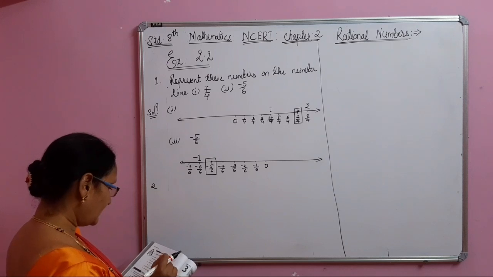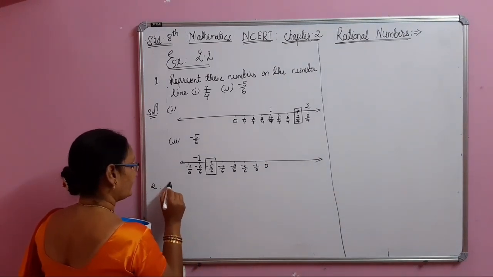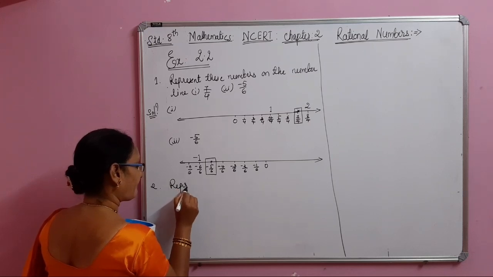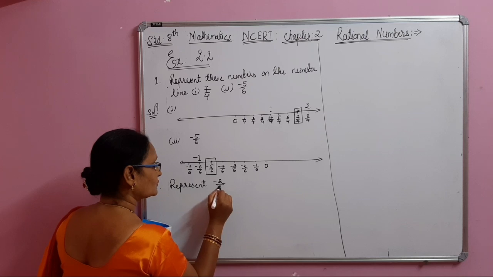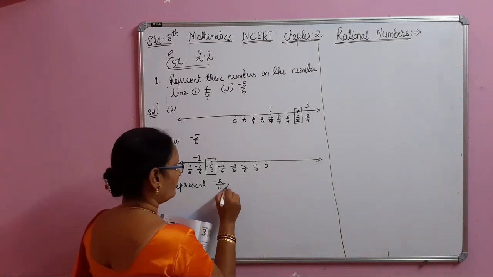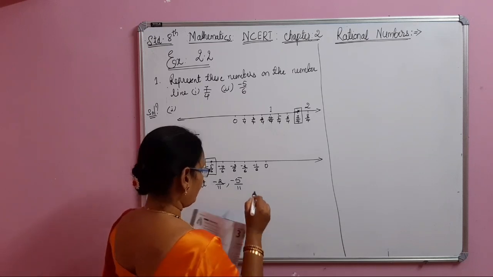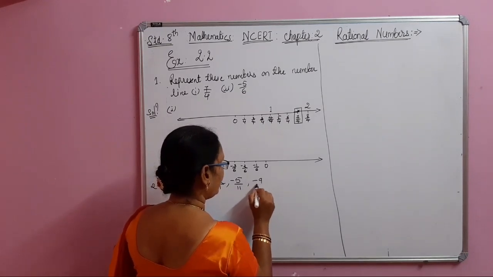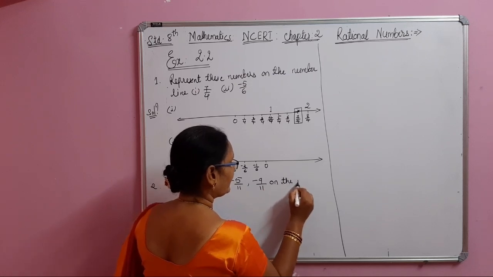Second one is represent minus 2 by 11, minus 5 by 11, minus 9 by 11 on the number line.